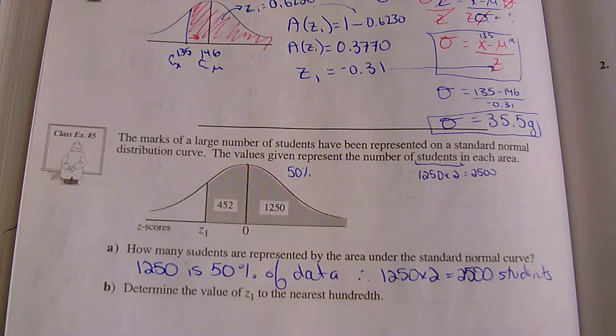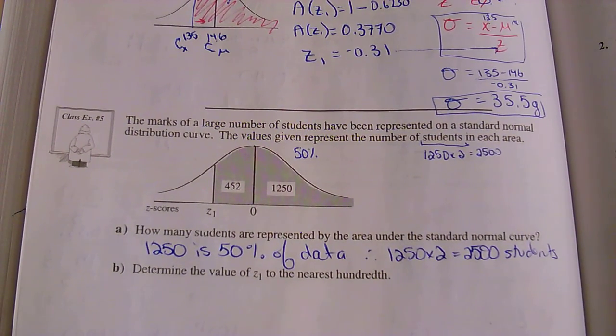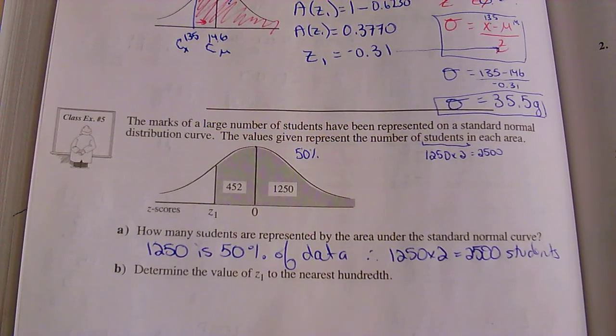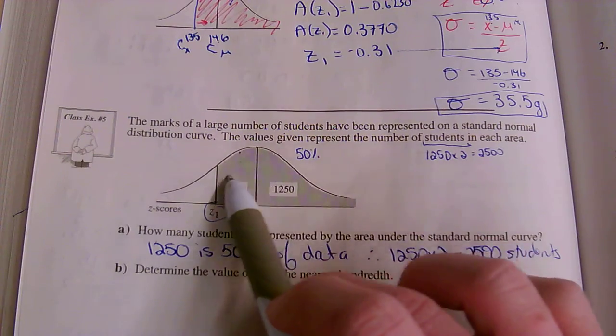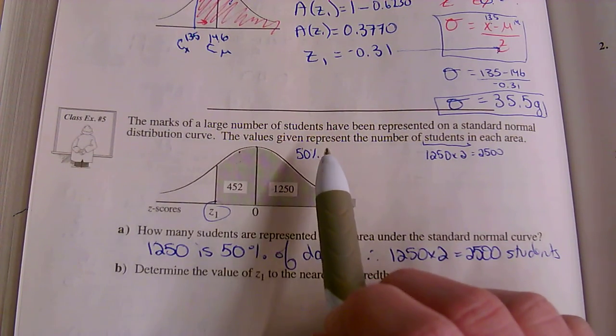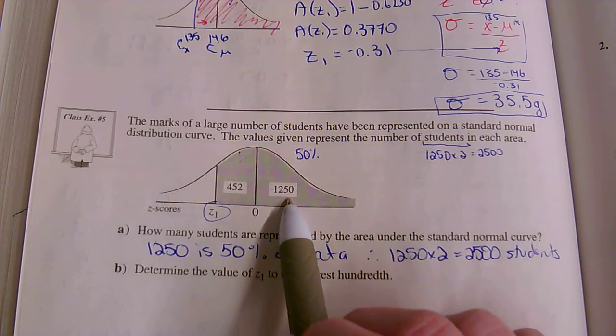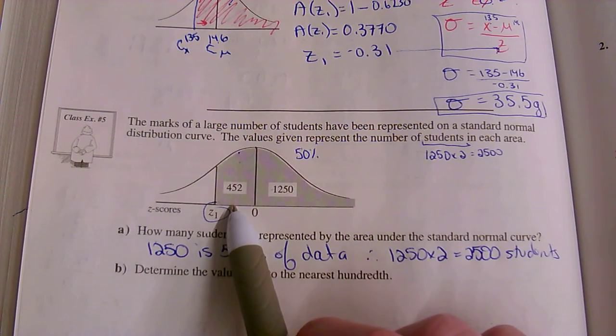Okay, so determine the value of z to the nearest hundredth. We want to know the value of z here, so we need to find out the area underneath. Now, we know that there's 1,250 here, there's 452 here.